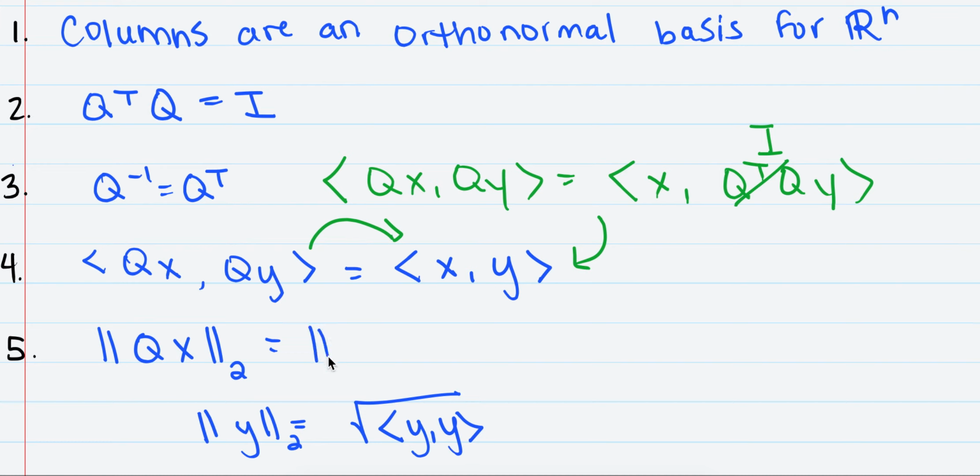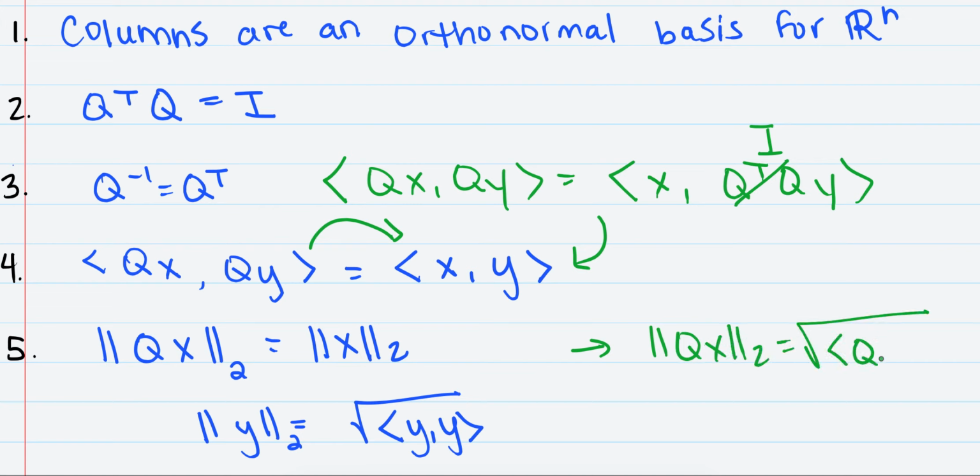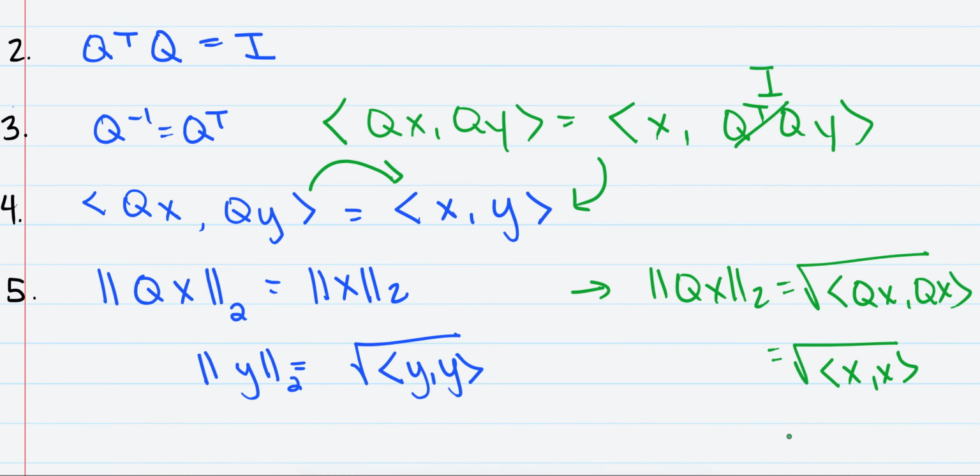And this is going to be just equal to the length of the vector x. So we don't even have to put the Q here. Multiplying a vector by Q, if it satisfies these properties, you know that Q transpose times Q is equal to I, you just don't even have to multiply by Q. And that's also an easy proof, because this is equal to the square root of Qx with Qx, and by this last property, this is the square root of x with x, so this is just the length of x.